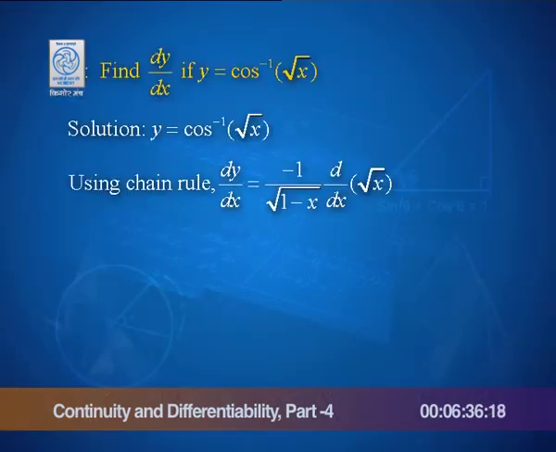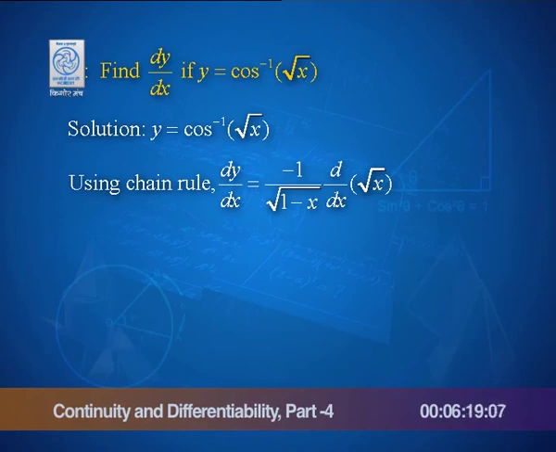Again observe composition, 3 layers, no rather 2 layers. I have inverse, cos inverse and the square root function present here. Let us see what would happen if I have to find its derivative using chain rule. Do you think I can write directly as minus 1 by root 1 minus x into derivative of root x?